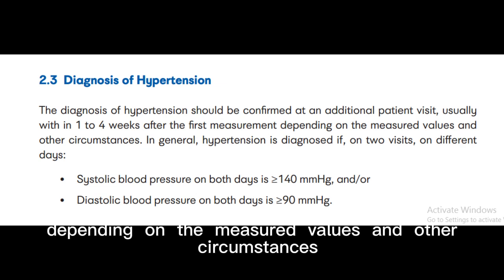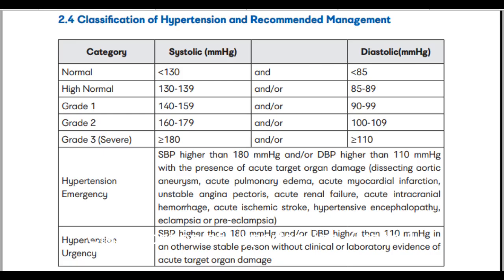values and other circumstances. Classification of hypertension: Grade 1 hypertension is systolic blood pressure of 140 to 159 millimeters of mercury and or diastolic blood pressure of 90 to 99 millimeters of mercury.